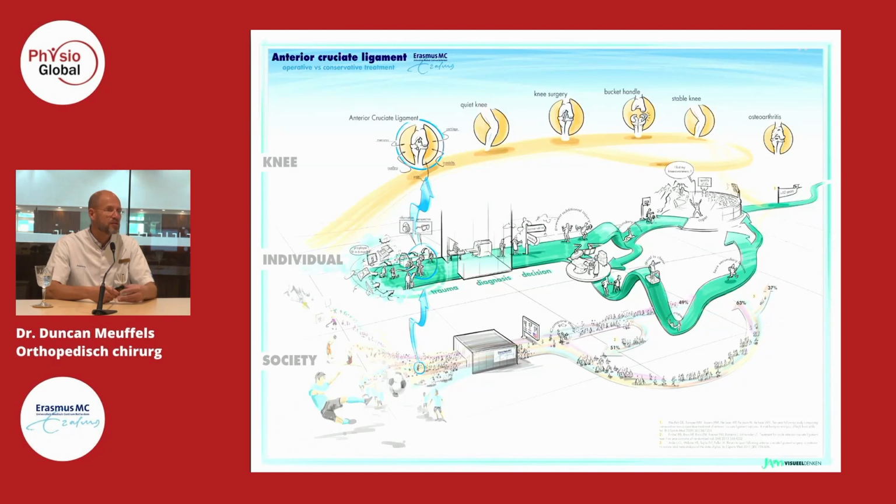This patient then goes through a whole cascade of steps. This is a poster that we've made where you can see the patient in the green area where they start off on a journey. They go through time where they've had an injury, and the green path shows that they talk to the people around them, they get information.